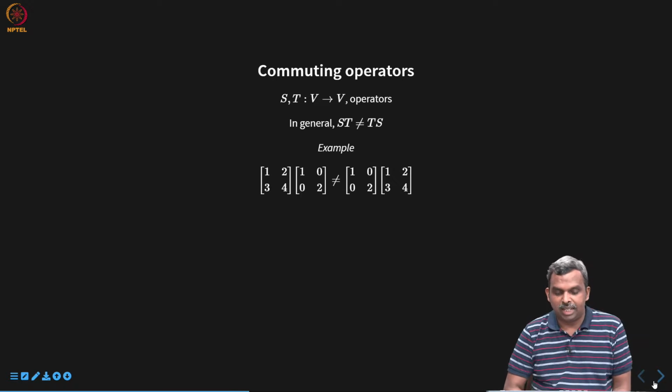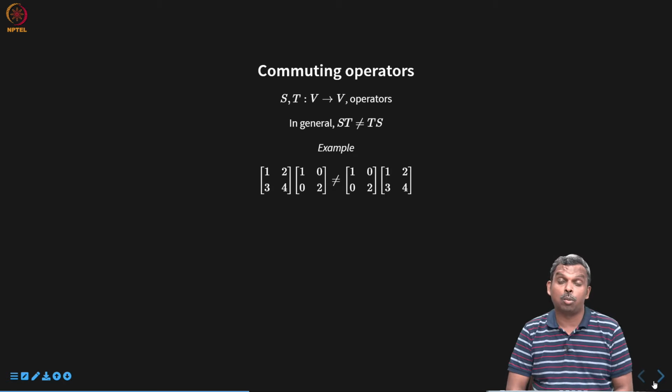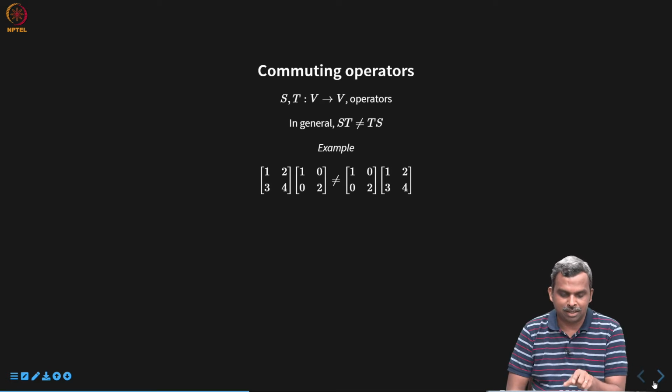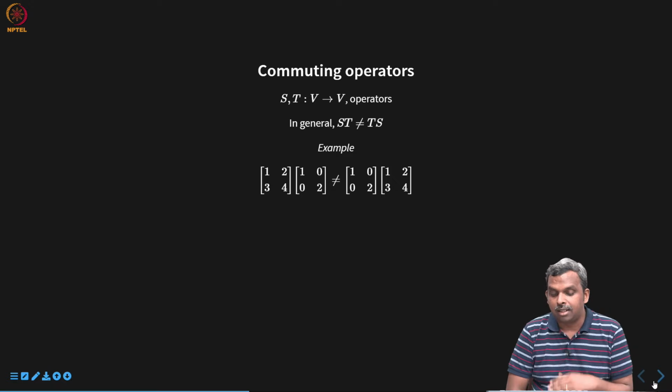Here's a very simple example with diagonal matrices. Normally you think of diagonal matrices as being a very simple operation, but here's an example where the first matrix is not diagonal, 1 2 3 4, and the other matrix is diagonal, 1 0 0 2, and the 2 in the diagonal matrix makes a lot of difference. If you put it on the other side, it doesn't commute.